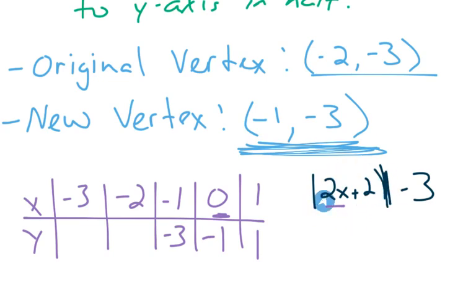The absolute value of -2 is 2, and then 2 minus 3 is -1. Do the same thing with -3. 2 times -3 is -6. -6 plus 2 is -4. The absolute value of -4 is 4, and then 4 minus 3 is +1.